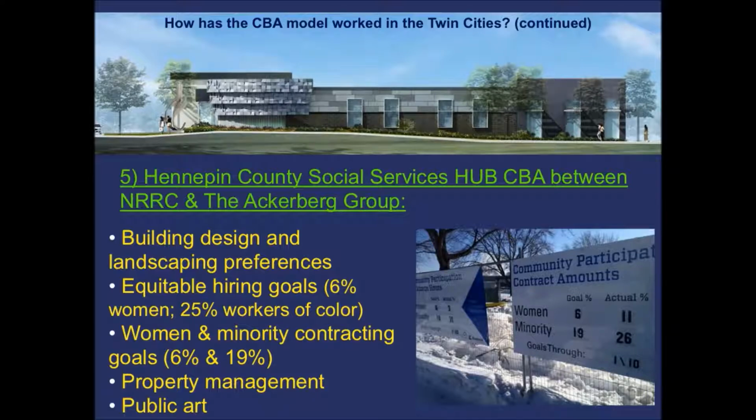The important thing to see here is, again, pretty ambitious hiring goals for the construction of the project, as well as women and minority contracting goals. And they had signs out during construction telling the community, tracking how well they were doing, what were the actual results, what were the original goals. So you can see that in that image.